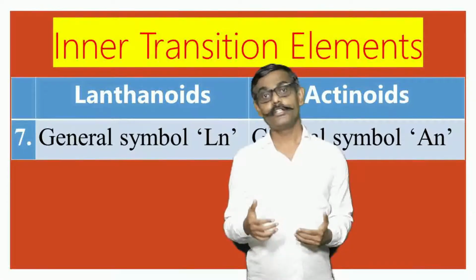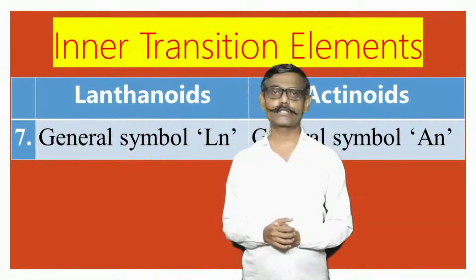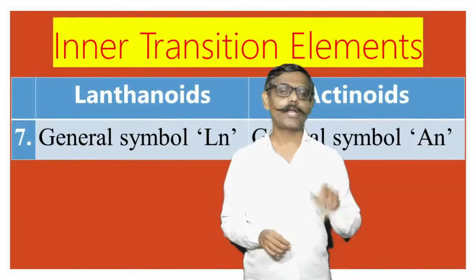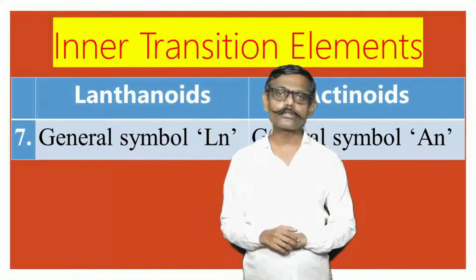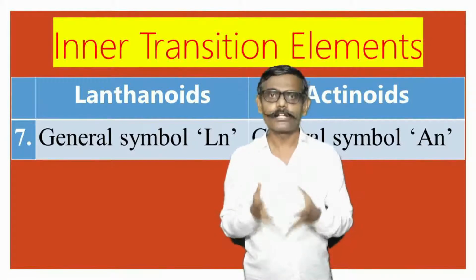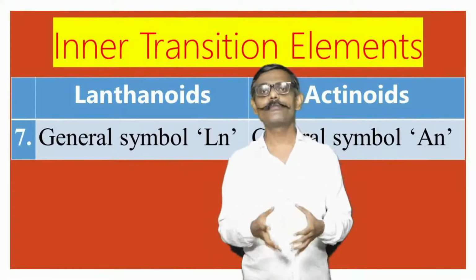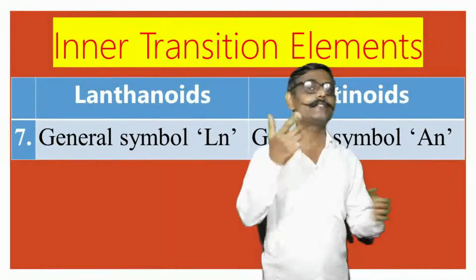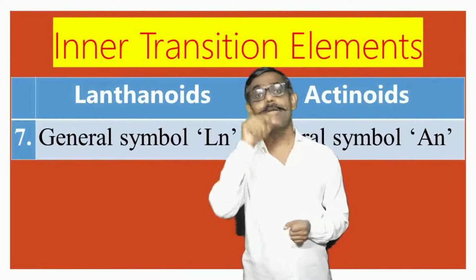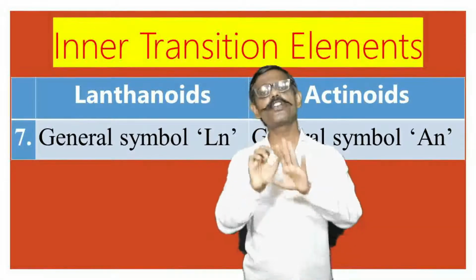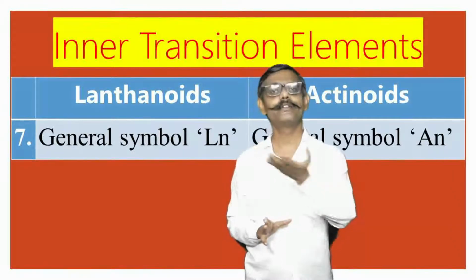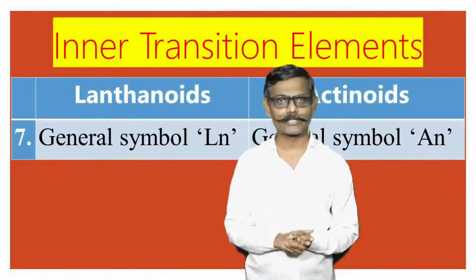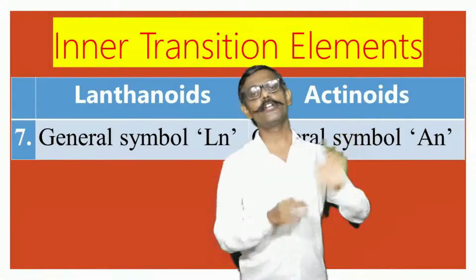When general properties are discussed, individually labeling each lanthanoid or actinoid is not suitable, so a general term should be used. The general term for lanthanoids is Ln and for actinoids is An, just as we represent a metal by M. It is a general symbol. We don't say sodium, magnesium or iron; in a general way we represent it like this.